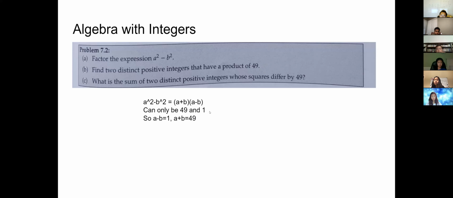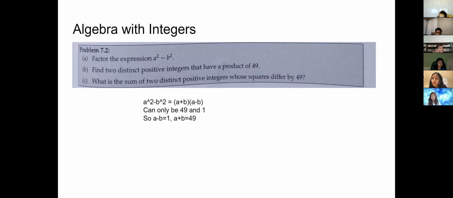Otherwise, you got two not distinct positive integers anymore. And therefore, one of them would be 1, and the other one will be 49. So when you solve this equation, let's solve it. I didn't put it in here.